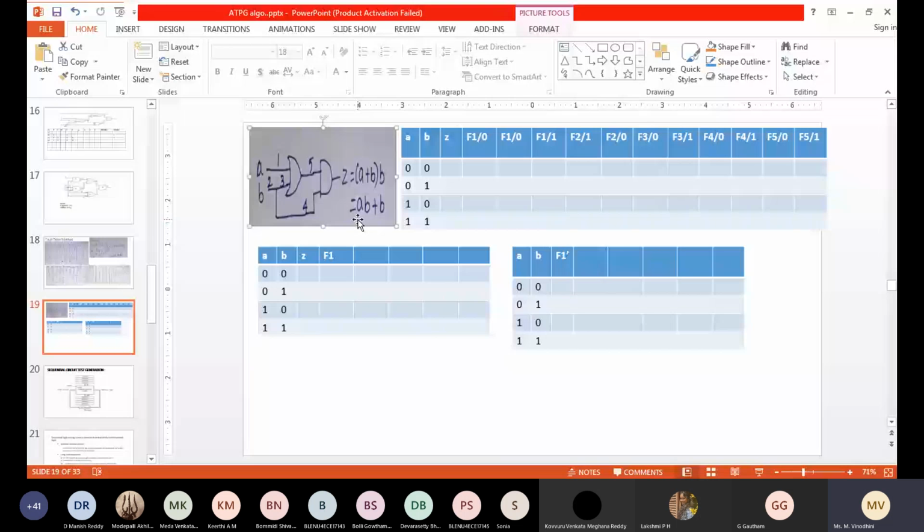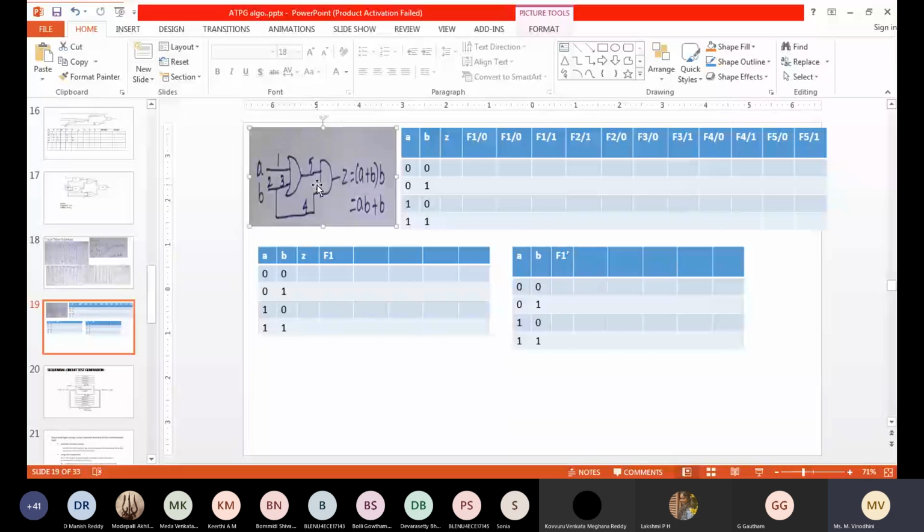These two algorithms are a little bit different. When I use this algorithm, we will not take a circuit with a fault. We will take the circuit as such, and the main constraint is that to use the fault table method, all the signal lines should be assigned a number.